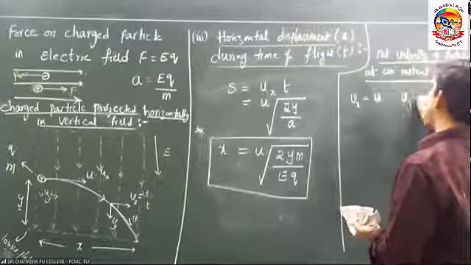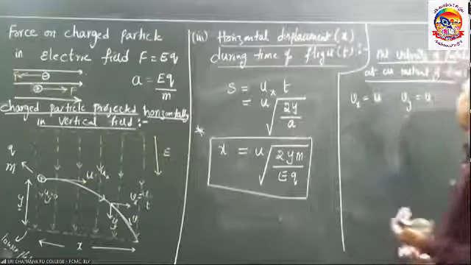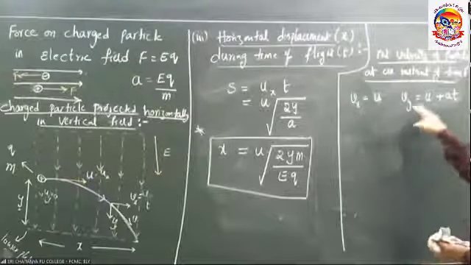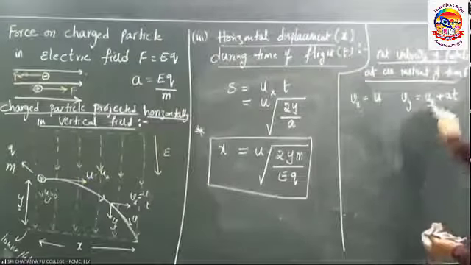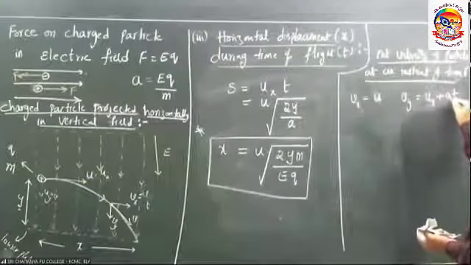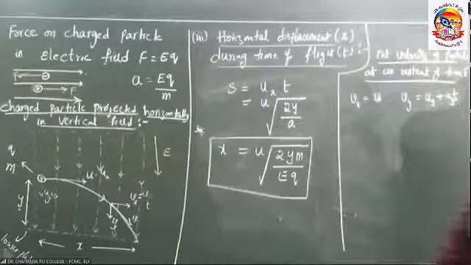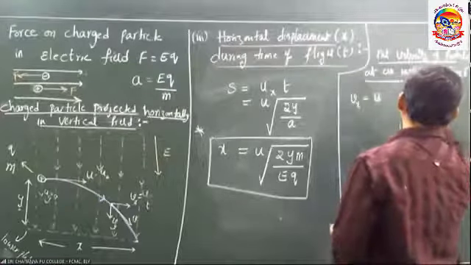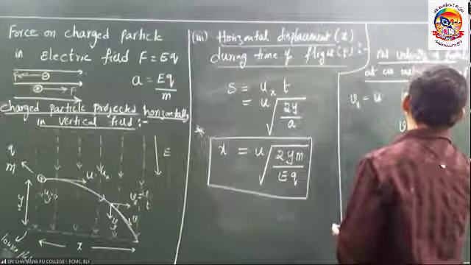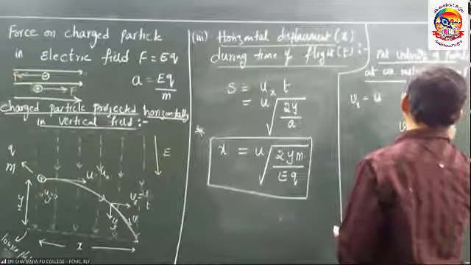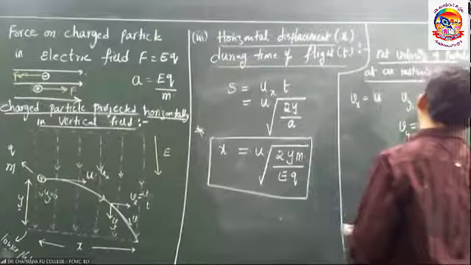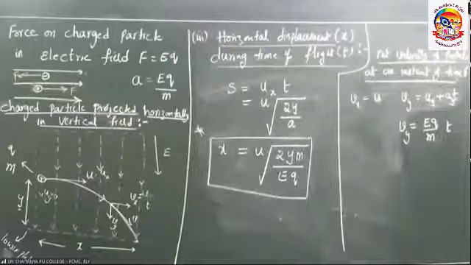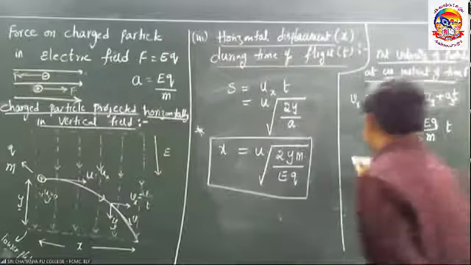Vertical velocity Vy. You have a formula v is equal to u plus at. You can write Vy is equal to uy plus ay t. Then Vy is equal to, uy is 0, ay is eq by m, into t. That is Vy. So what is the net velocity?